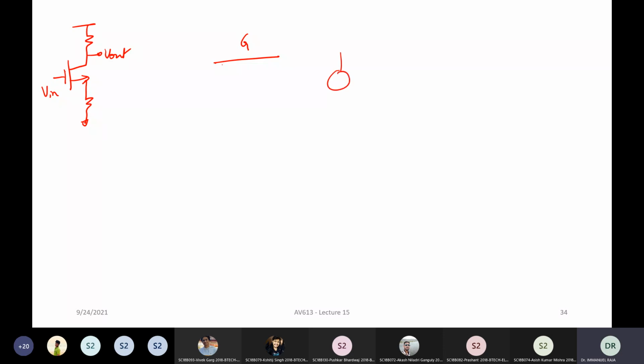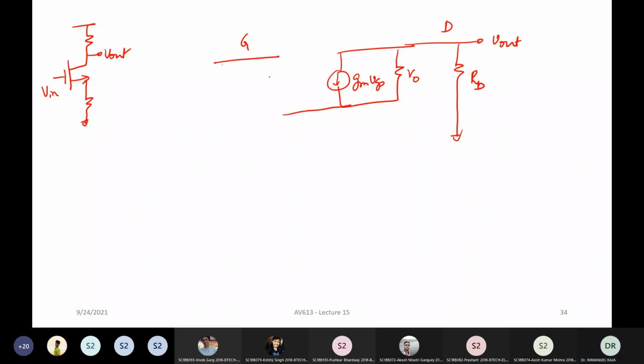You have the gate, you have gm VGS, you have ro, and you have RD going to ground. This is your drain, this is your Vout. This is your source, so this becomes your small signal VGS. And then you have RS going to ground.